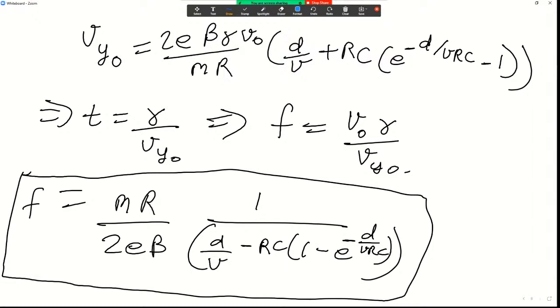Someone is saying it isn't correct. The answer is in terms of E. What is E? Energy, I think. But our V naught term got cancelled out.